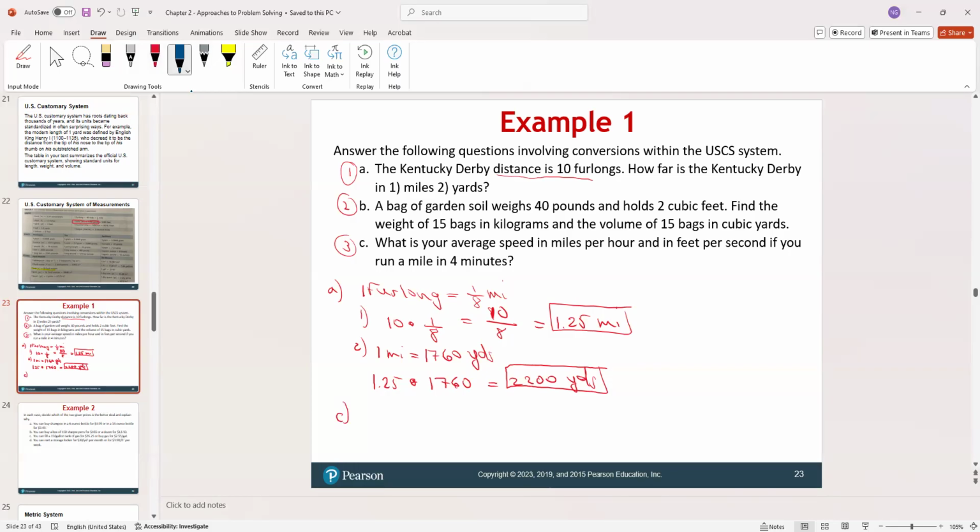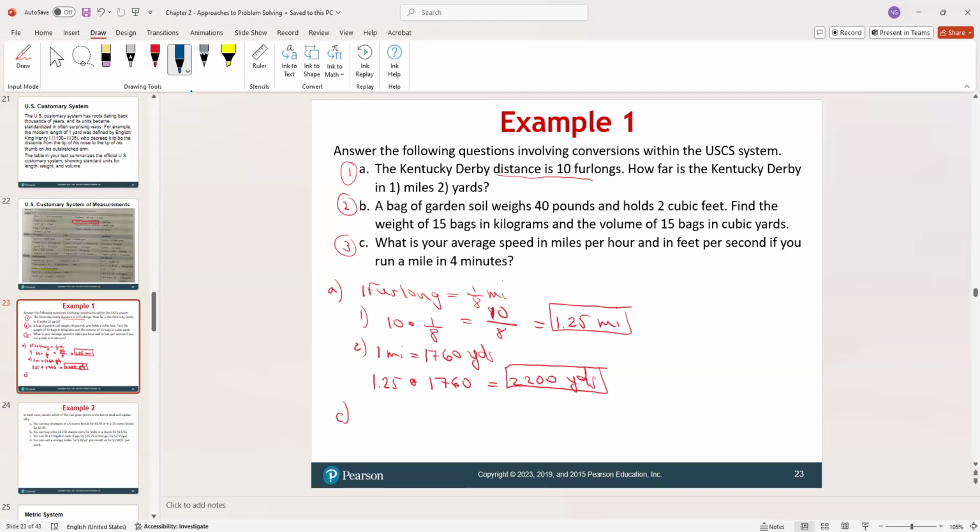For C, it asks what your average speed is in miles per hour and in feet per second if you run 4 miles in 4 minutes. Remember, what is your average speed in miles per hour?